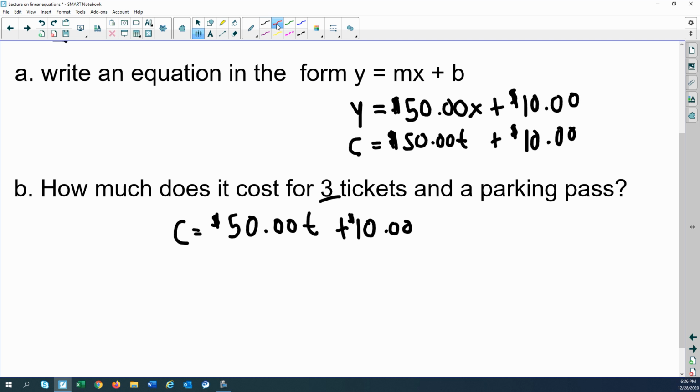So this is telling me that t equals 3 here. So I'm just going to plug in 3. So the cost equals $50 times the number of tickets, which in our case is 3, plus the $10 to park the car.